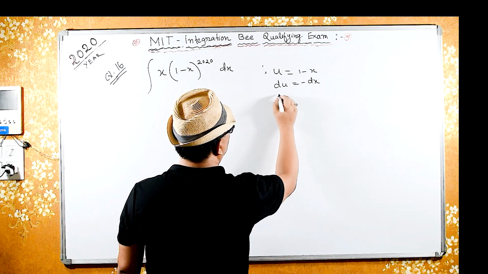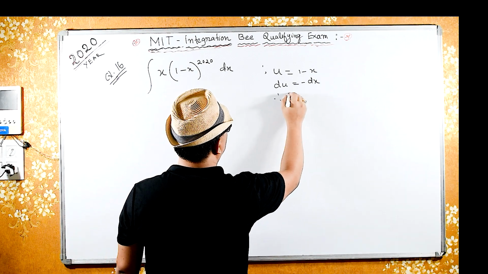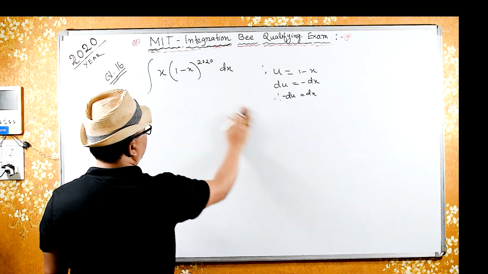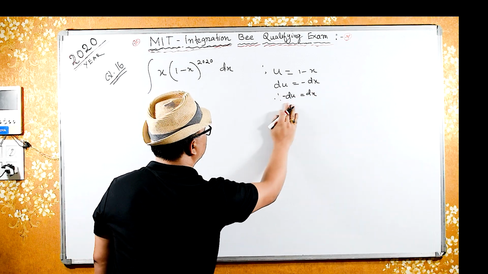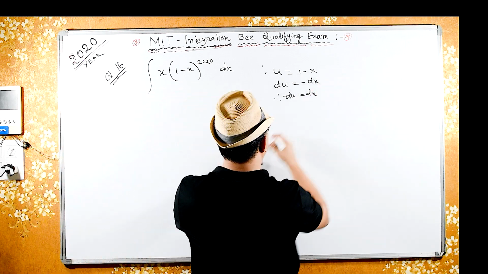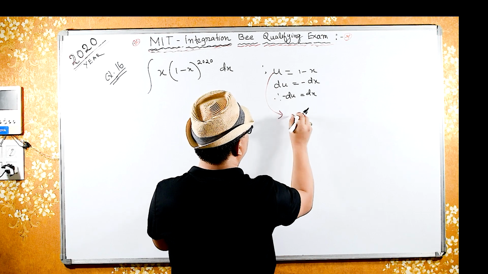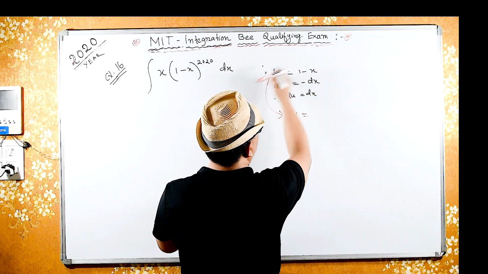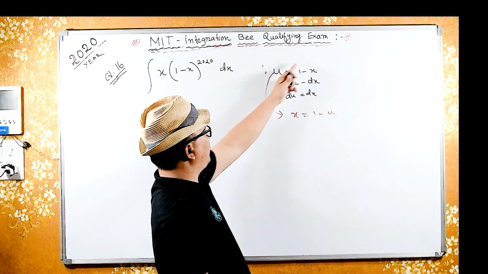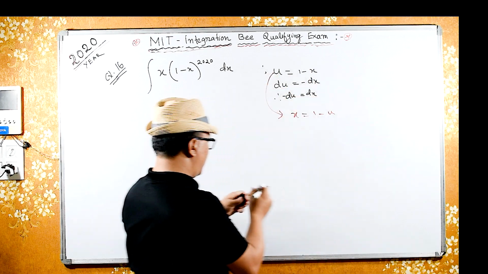Therefore dx equals minus du. Instead of dx I can write minus du. And what is x? From here, x equals 1 minus u.